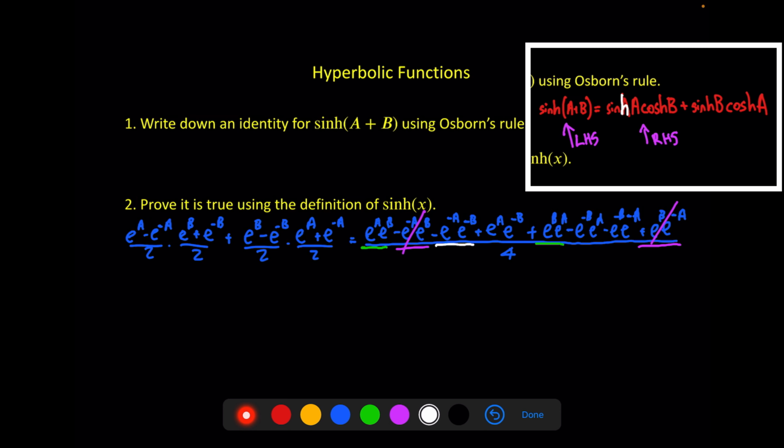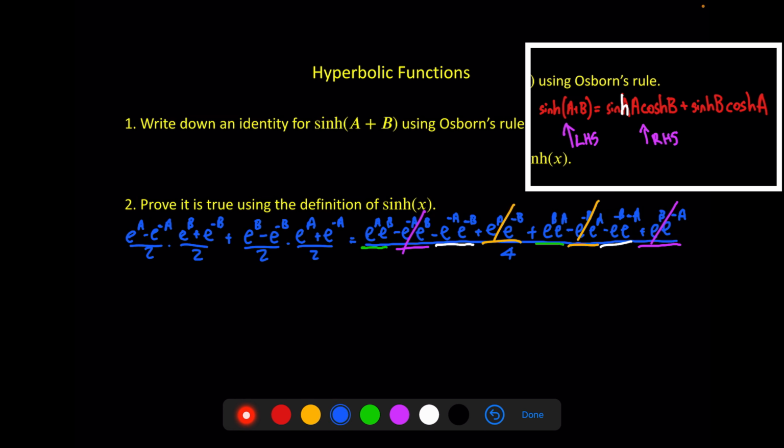We've got minus e to the minus A, e to the minus B, minus e to the minus B, e to the minus A. So they combine. And finally, e to the A, e to the minus B, minus e to the minus B, e to the A. So they cancel.